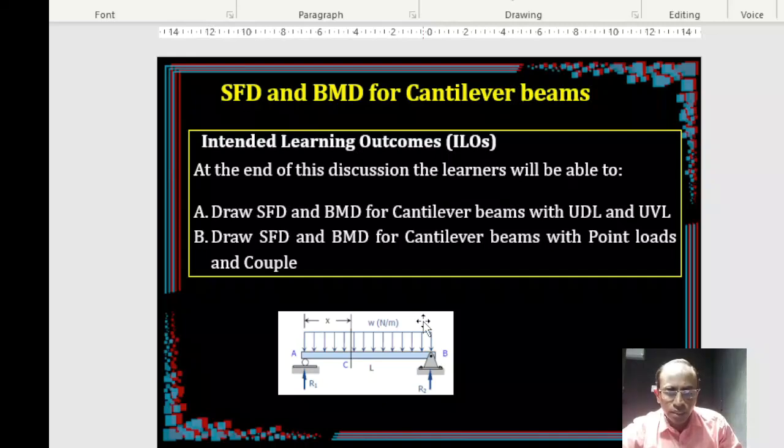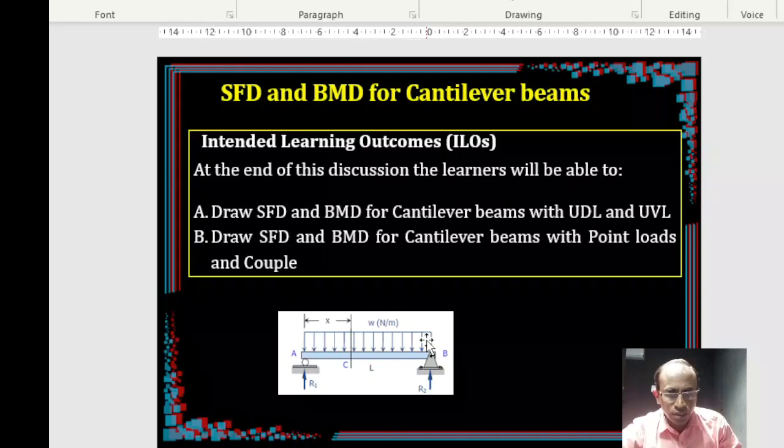The other one is simply based on the shear force, bending moment, and loading relationships. So in this discussion, the second method we are using, which is simple for simple types of loadings.